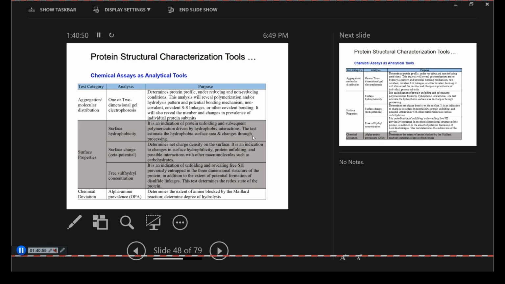Surface charge is also impacted by processing, so we can monitor that as well. Changes in surface charge impact solubility, emulsification properties, and surface properties. This can be done by measuring zeta potential using an instrument, but it also can be done using a titration method.